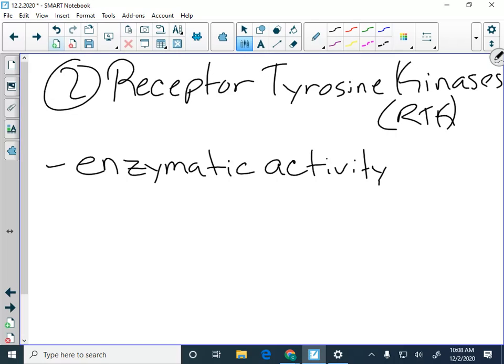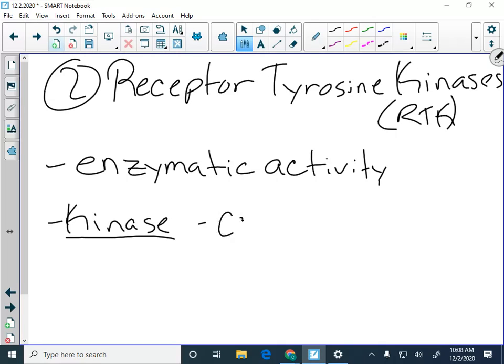A kinase, so just in general kinases, a kinase is a protein that catalyzes the transfer of phosphate groups from ATP to another protein.